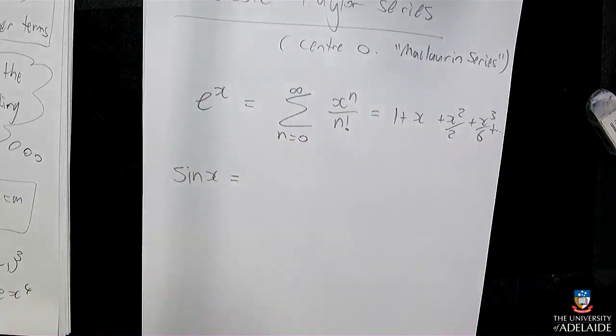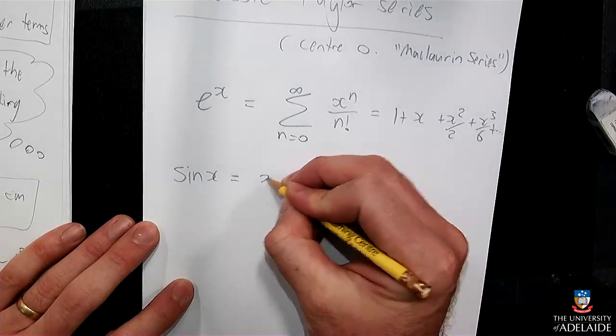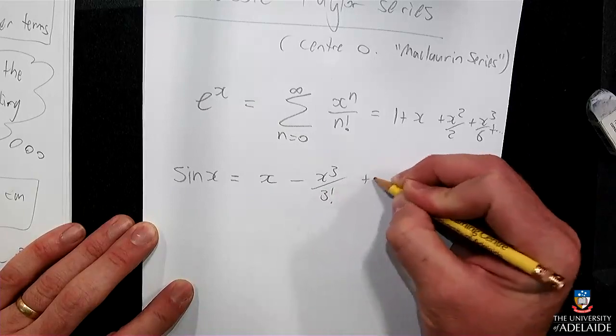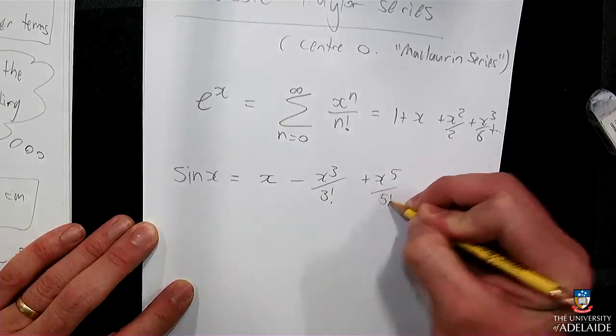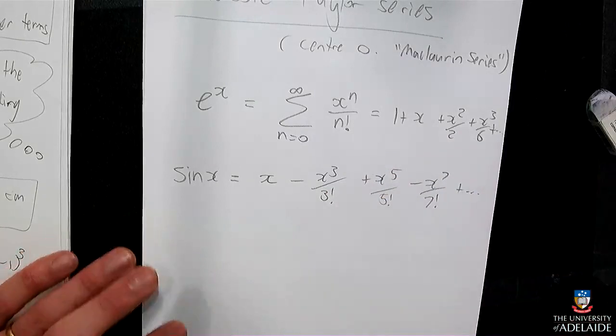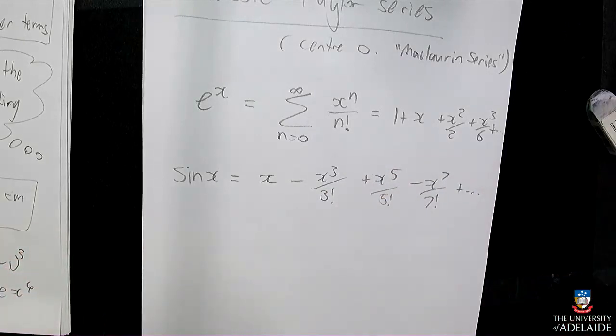Sin x is the odd ones from e to the x, but they alternate between plus and minus. So I'm just going to write the long version first. Sin x starts at x, and it has all the odd powers from e to the x, but they alternate plus and minus.